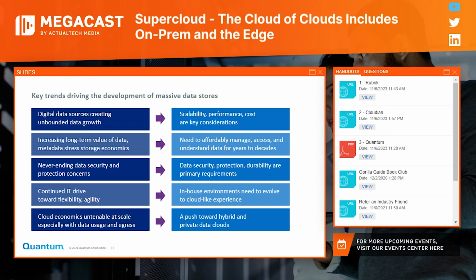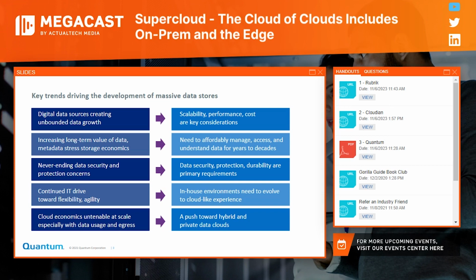Many people are looking to keep data longer and longer, particularly as they think about using data for new applications and workflows such as artificial intelligence.